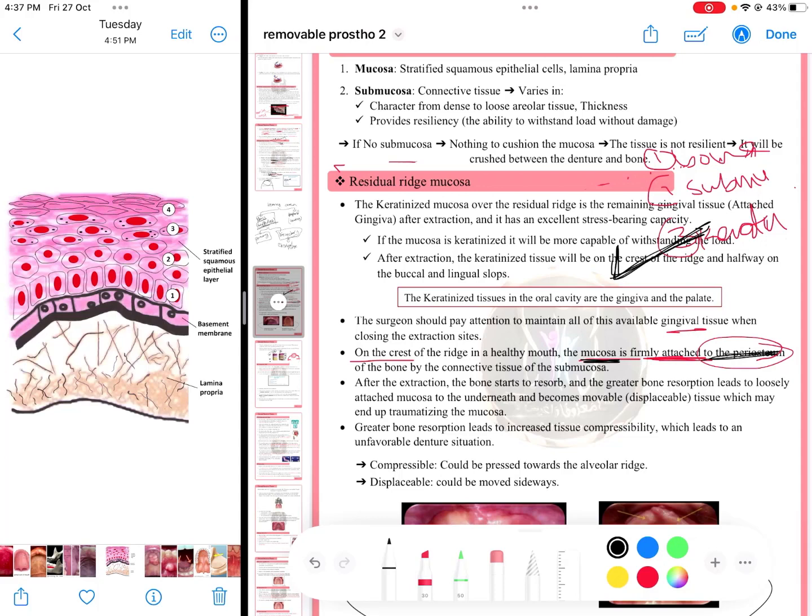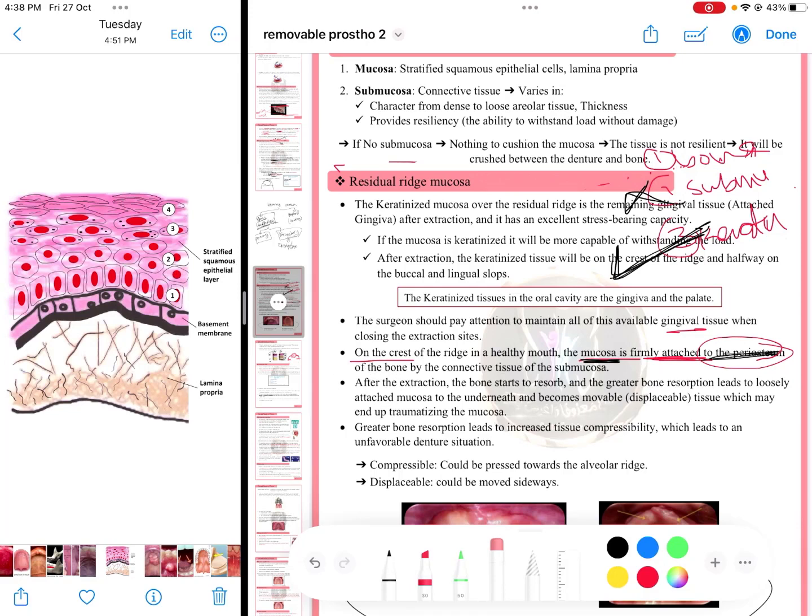There is no submucosa. It is firmly attached to the periosteum by the connective tissue. After the extraction, bone will start to resorb, and the greater bone resorption leads to... okay, let's leave this for a bit.